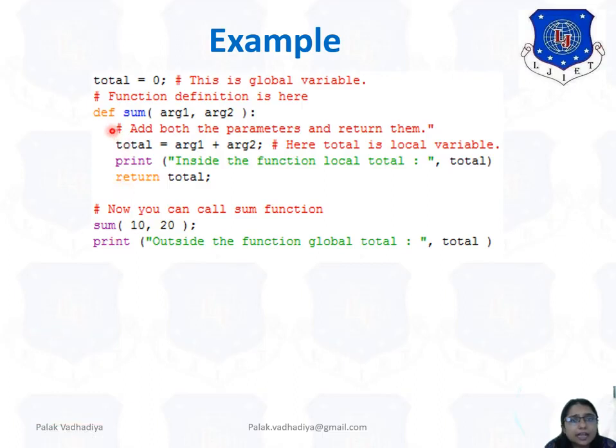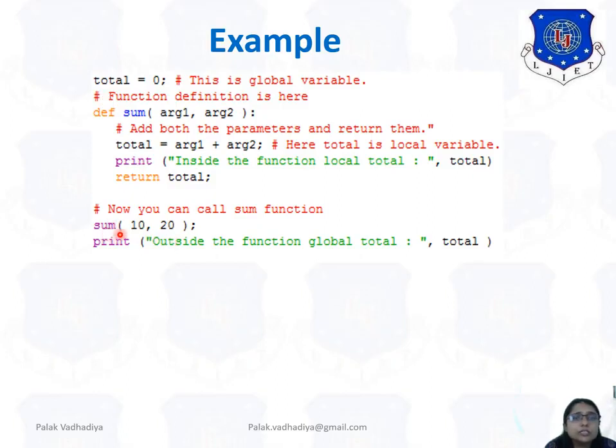Inside this I have used the variable total. So this total is known as a local variable, because I have defined this variable inside the function. And it simply prints the total and then returns the total. And this other total is a global variable, because I have defined this variable outside of the function.